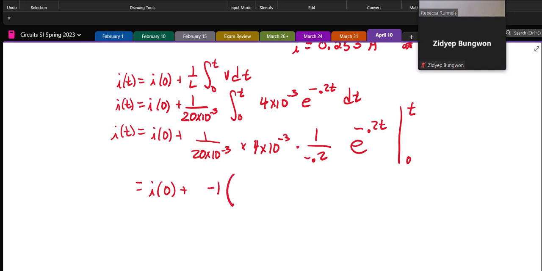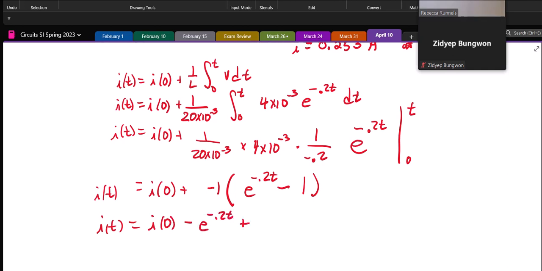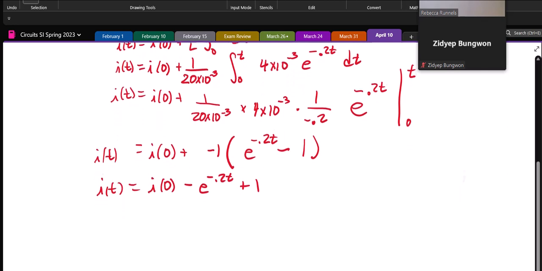Now be careful with e. When you plug in 0, you don't get 0. So first you plug in t, e to the minus 0.2t minus, and then when you plug in 0, e to the 0 is 1, minus 1. So i of t equals i of 0 minus e to the minus 0.2t plus 1.